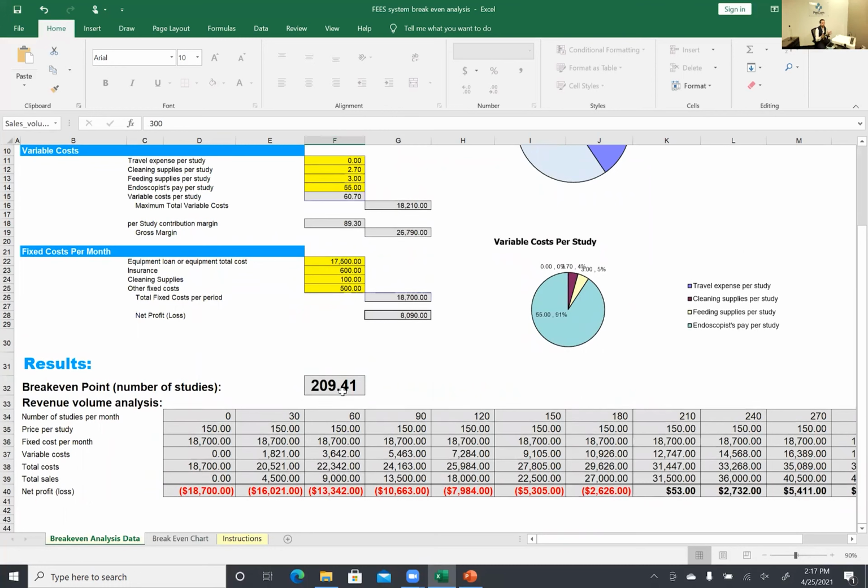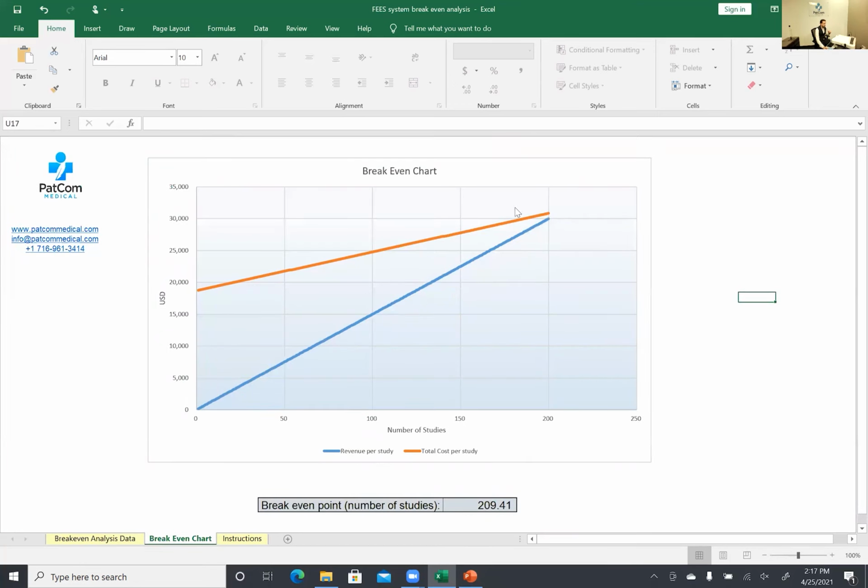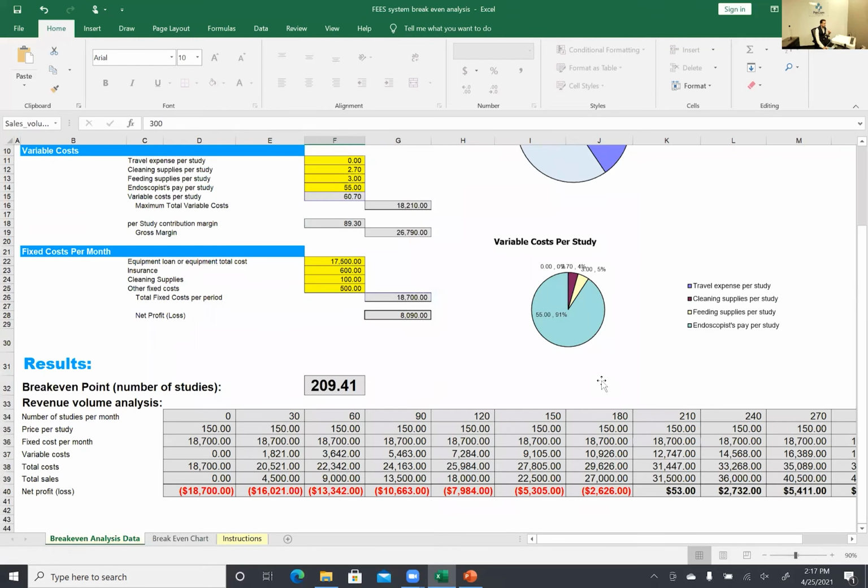So if you're in acute care, you really got to find out how much money do I save when I do FEES from a variable cost perspective, and that number will then help you find that break-even point, and then you actually have the point where they meet.